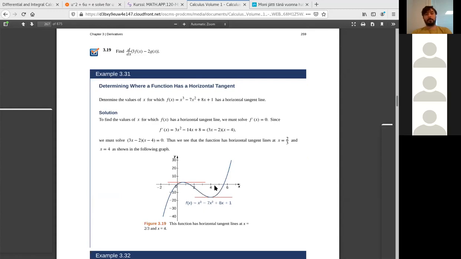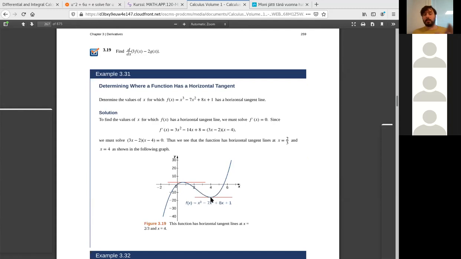Or it's going up from the left and up from the right, in which case it's what we call a saddle point. All 3 can happen. The real interesting question is that if it goes up from both the left side and the right side and the slope is 0, then we know that it's a minimum.